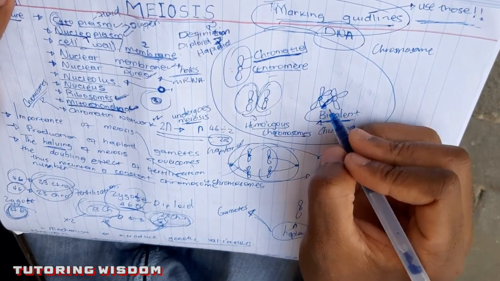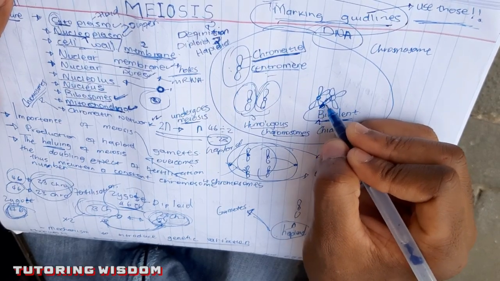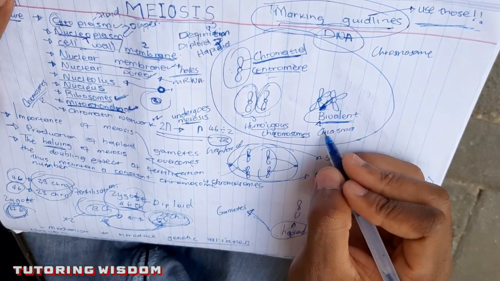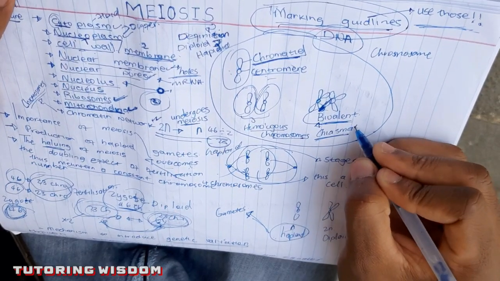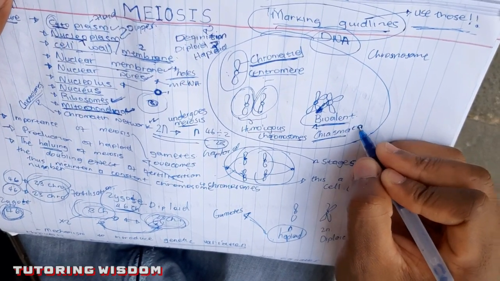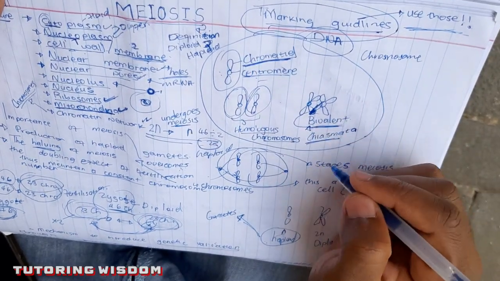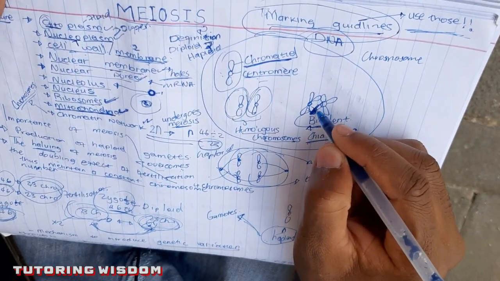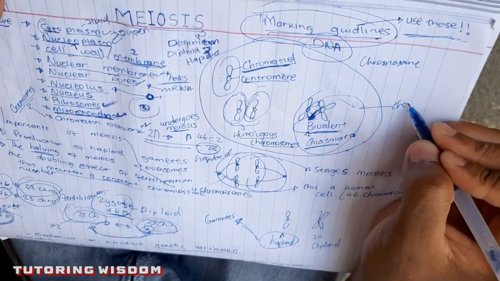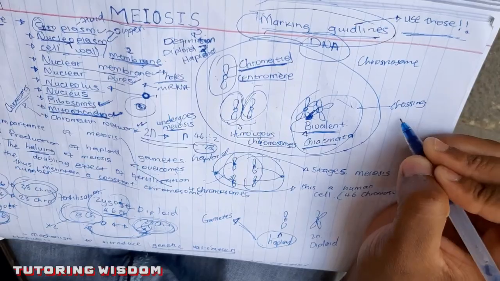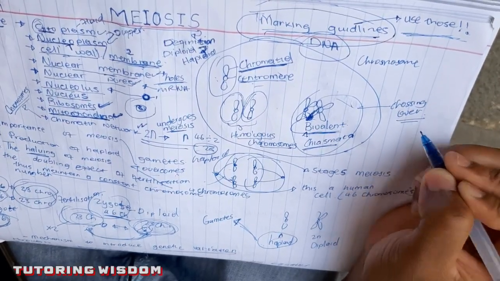The part where the chromosomes join or meet during crossing over is called your chiasma. If there are many, it's chiasmata. That's the other word, crossing over. We'll deal with that later on.